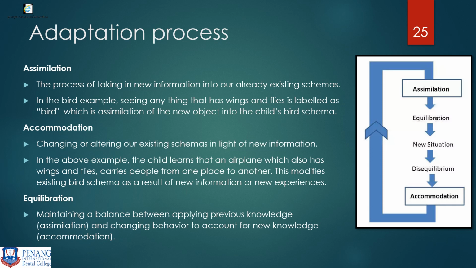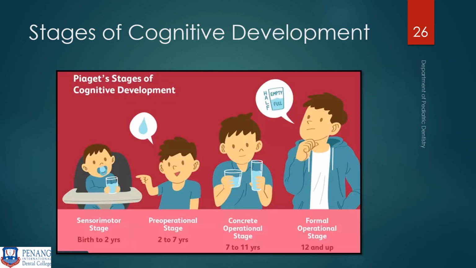Any lagging or any problem in this equilibration will cause a problem in understanding of the child, and the child will have difficulty understanding things because he cannot take in new information and cannot accommodate it in his existing schema, and then they will have problems understanding simple procedures or simple things. So this is the process of adaptation.